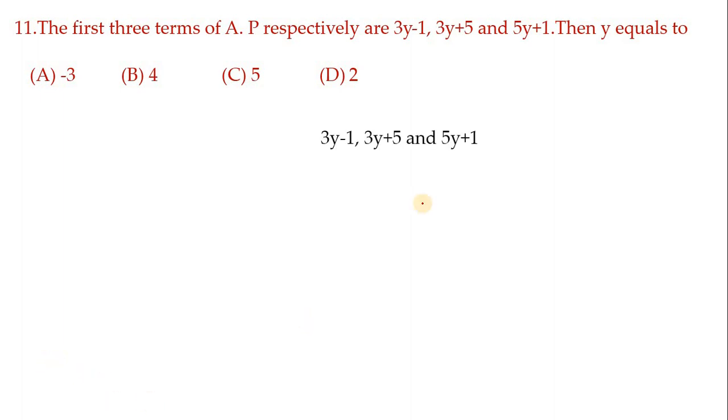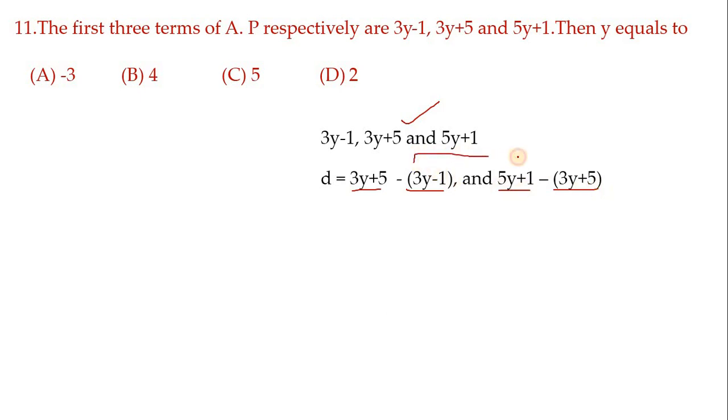So first take the given terms and find D value generally, means A2 minus A1 and A3 minus A2, just like this. See, second term minus first term, third term minus second term. Now as I said, these two will be same because both differences will be same, and both are equal.